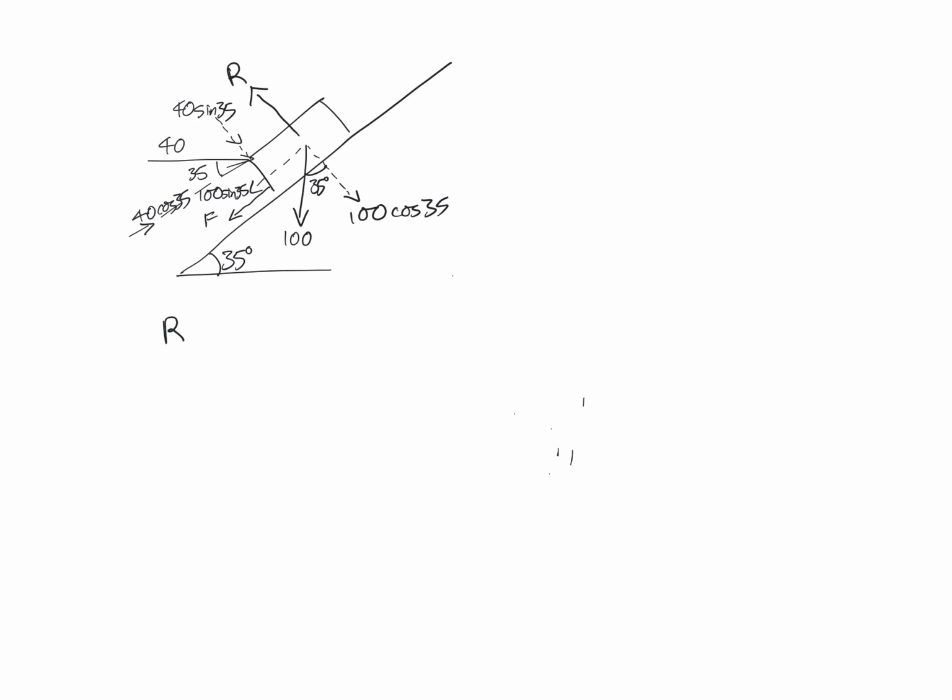So we've got R. It's in equilibrium, so up equals the two down, which is 100 cos 35 and 40 sine 35, but I'm actually not interested in that, so that was a waste of time.